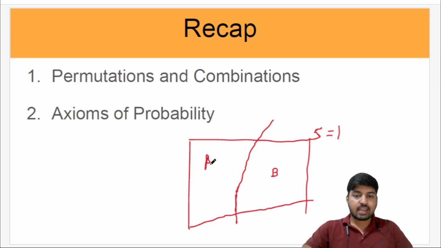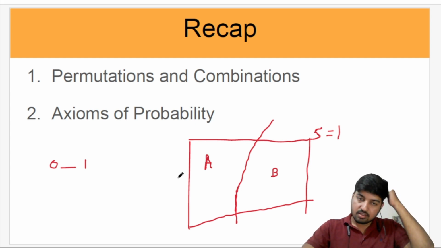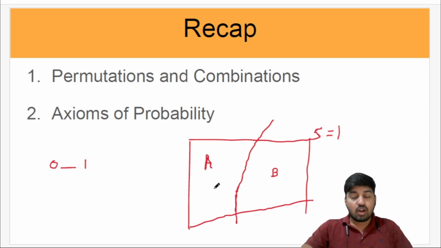Then if I calculate my probability of A, what is my axiom number 2? It should be from 0 to 1. It cannot be greater than 1 or less than 0. Say I know the probability of A is equal to X. I want to know the probability of event B. In that case, how can I find it?